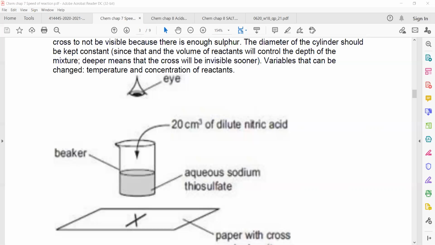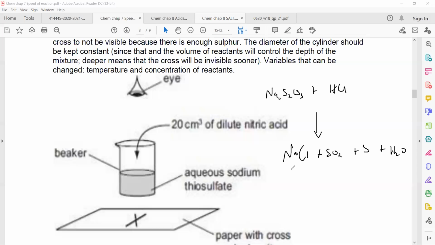So when we complete this, for example, if I say sodium thiosulfate is reacting with HCl, what does it result in? It results in the formation of sodium chloride, NaCl, plus sulfur dioxide plus sulfur plus water.